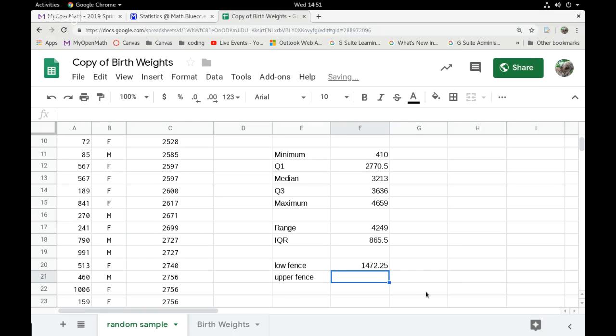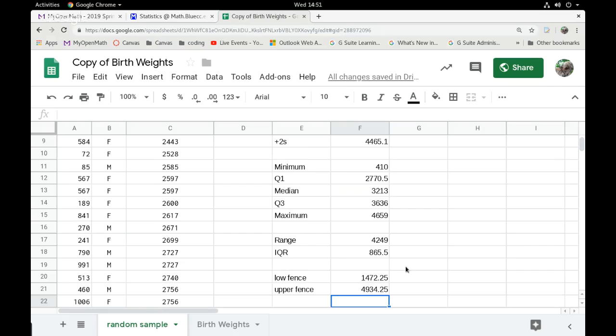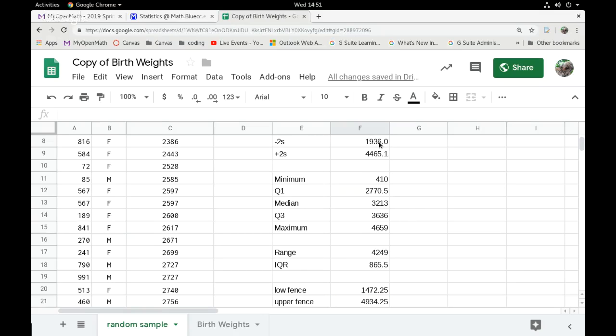And then I have the upper fence, which means go to Q3 and add 1.5 times the IQR. Right there. All right, so not exactly the same numbers as I have up here. So 1900 is below that, it's an outlier, unusually low. Here it's 1472, so the bar is set a little lower in the IQR.